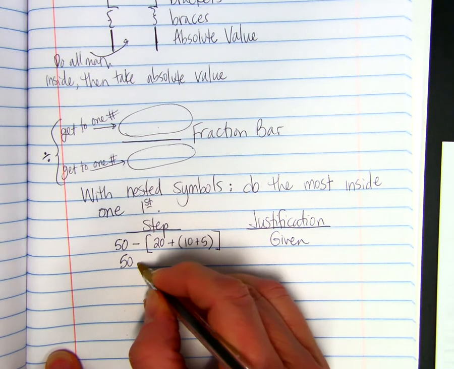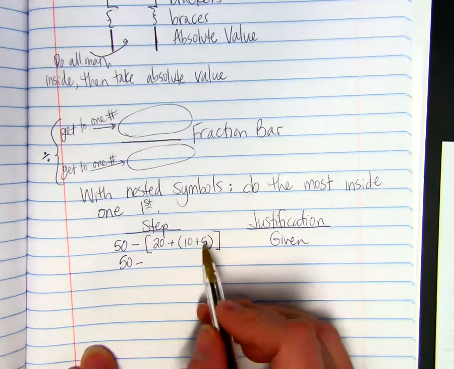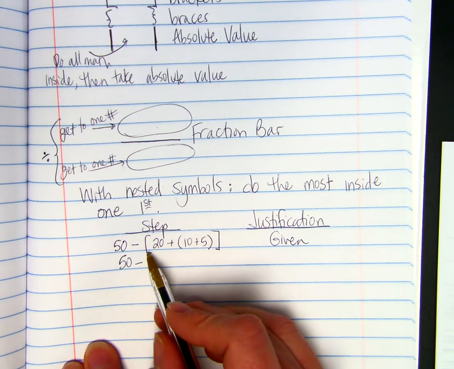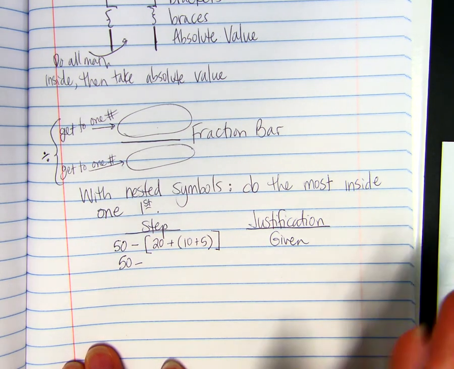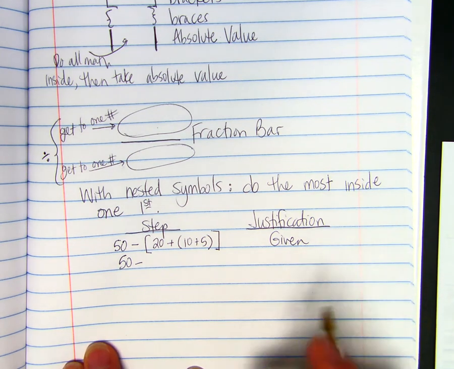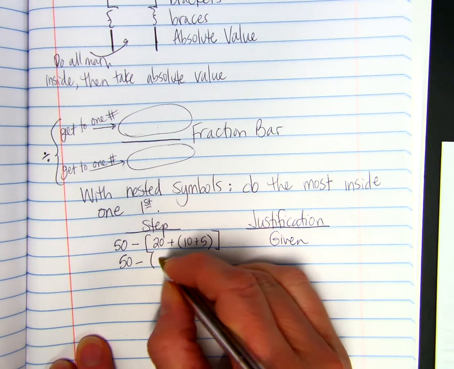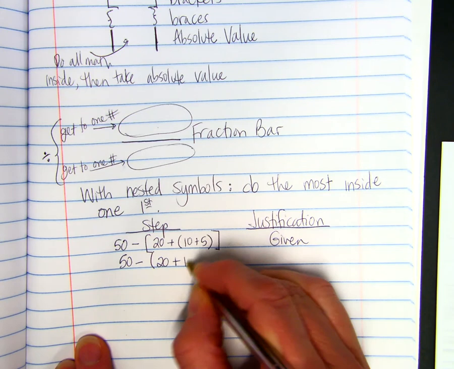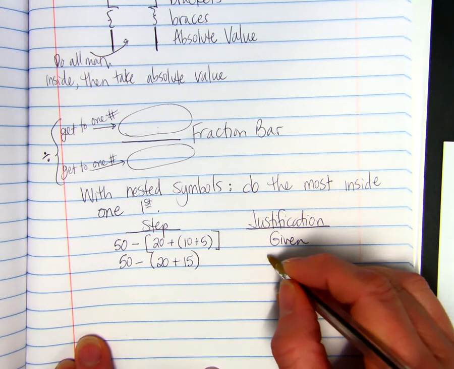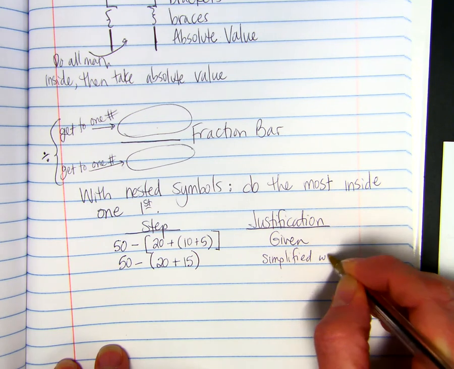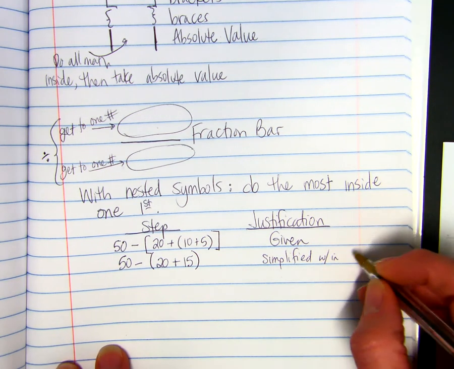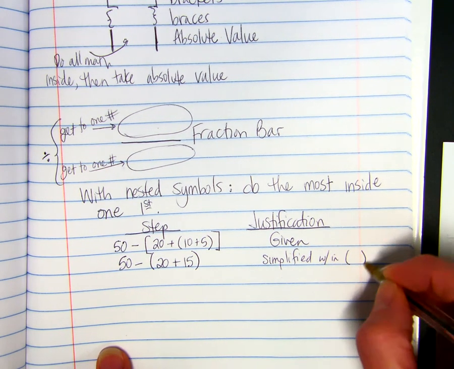So we have 50 minus, once you do the parentheses, you can change the brackets to parentheses. Now this is just convention. If you don't change them, I'm not going to mark it wrong. But I would do 20 plus 15. And that simplified within parentheses.